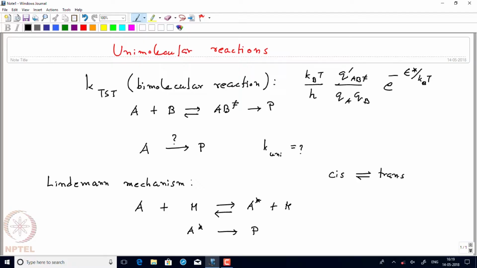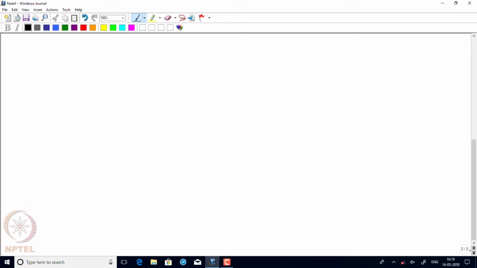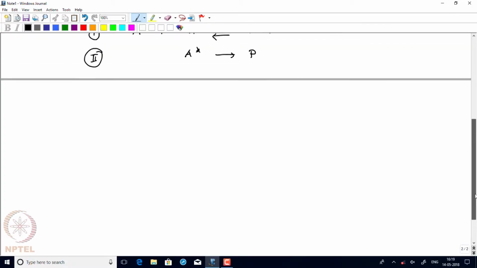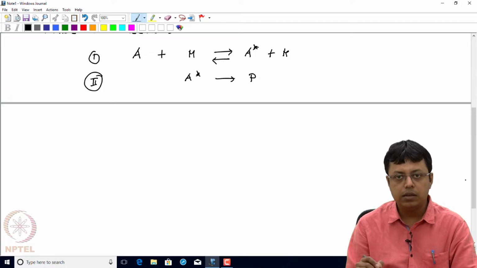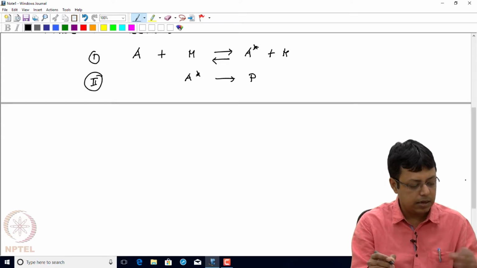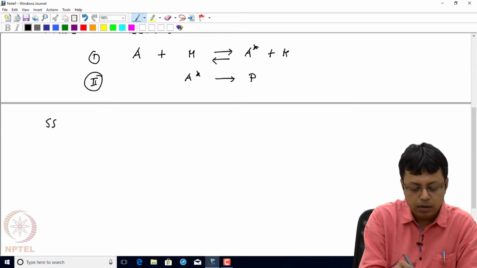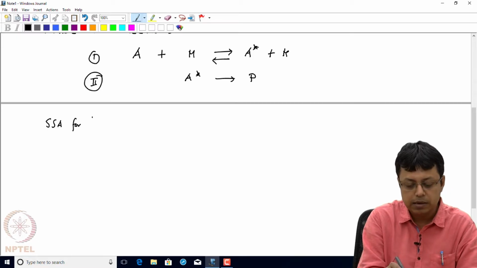Now the question is, if we have a bimolecular process followed by a true unimolecular process, how can one write the rate constant? We have already seen this. We will use the steady state approximation for the intermediate, which here is the energized molecule.